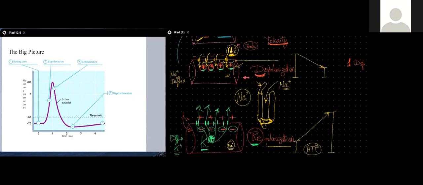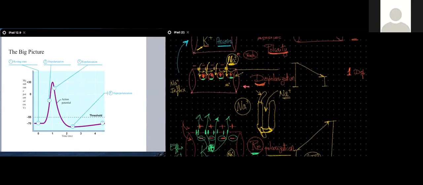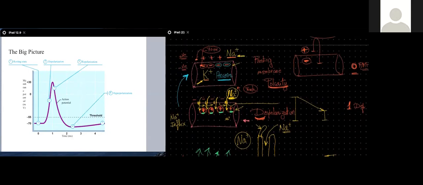Again, this is one of the most important topics this semester, and you're going to rely on it to understand EKG, cardiac physiology, and a lot of other topics that you're going to be learning about in AP2. So it's a very, very important topic.